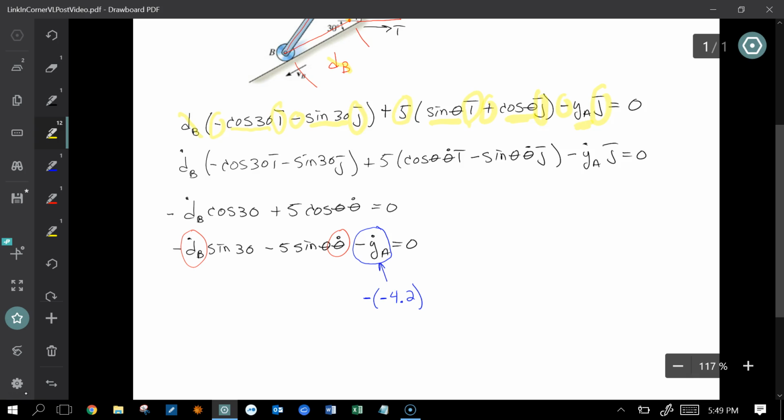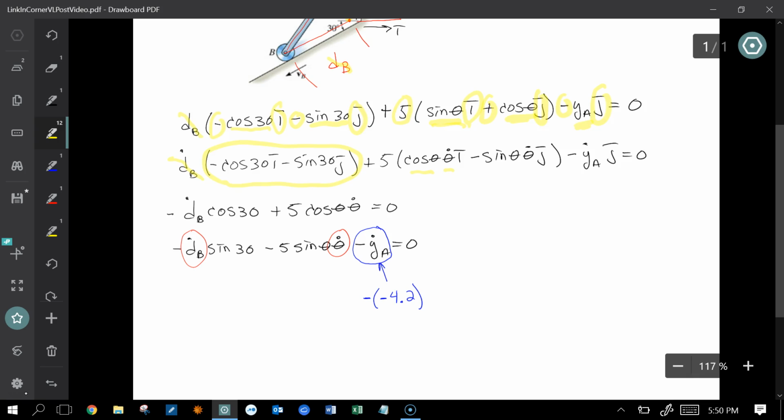Okay, so here we go. We're going to take a derivative. dB is a variable, so you get dB dot. Don't forget the chain rule. The i and j are constant, so that doesn't change anything. Then you have 5, that's a constant. Now you take a derivative of each of these. The derivative of the sine is cosine theta, theta dot. Don't forget the chain rule.